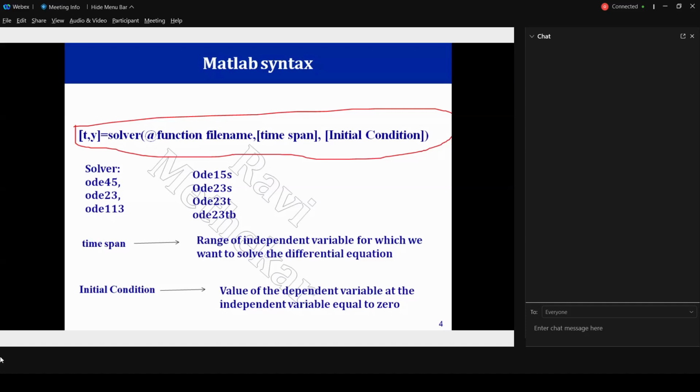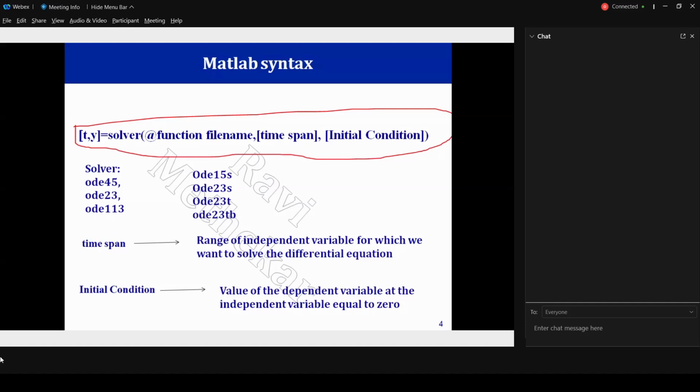Then we can calculate x of 2. Once we get x of 2, we can calculate x of 3 because we know x of 2. Now we can write dx by dt as x of 3 minus x of 2 divided by delta t. In this way, we can march in time, solve the differential equations, and get the state variables. This method is called discretization.